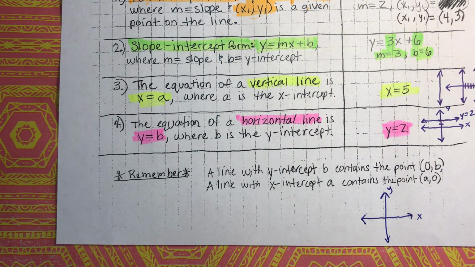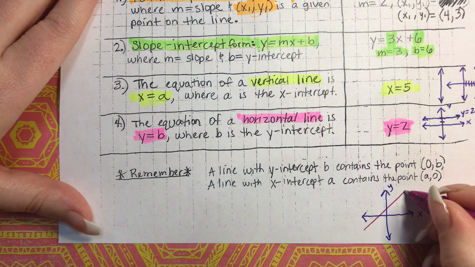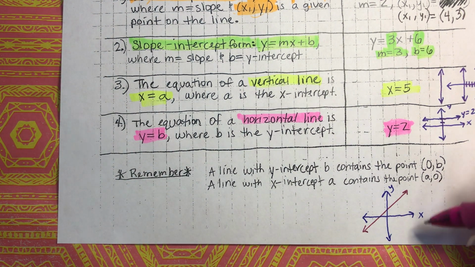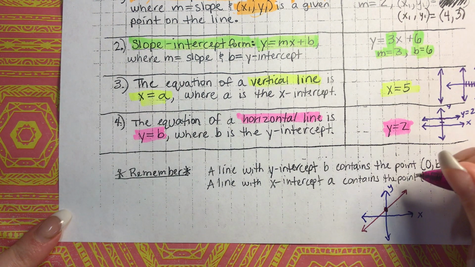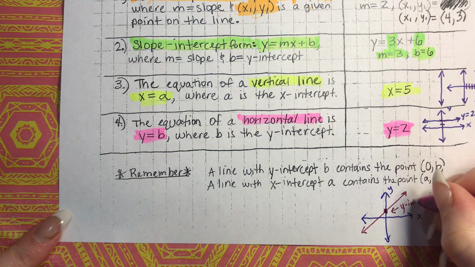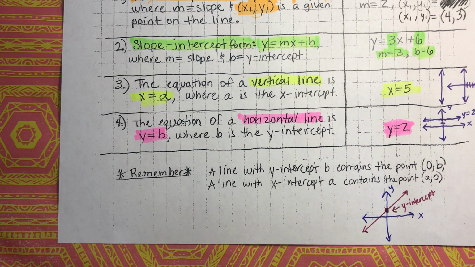And let's say I have a line, and my line goes like this. Well, where did my line cross the y-axis? Well, it crossed the y-axis right here. So this is called the y-intercept. It's where it intercepts the y-axis, okay?